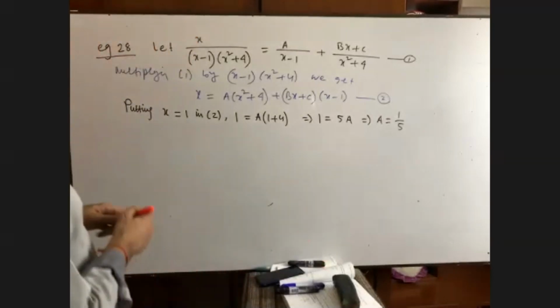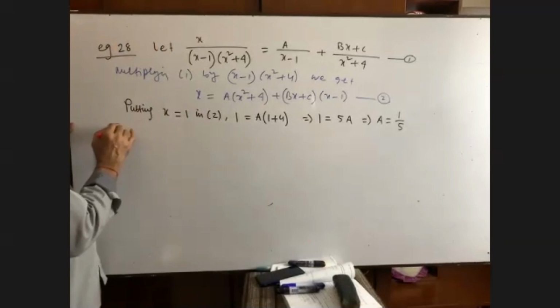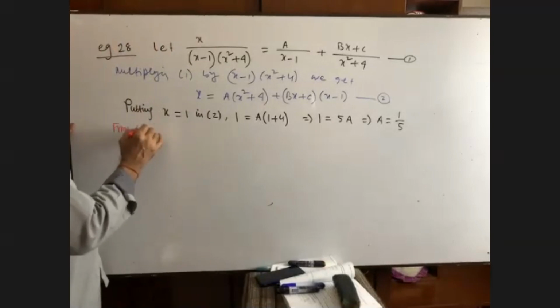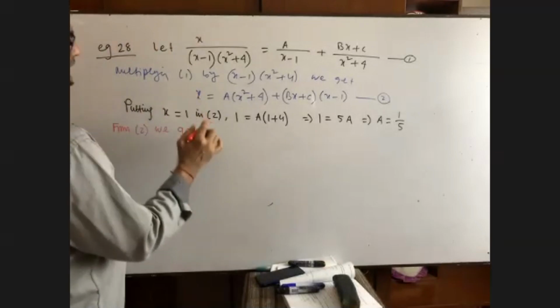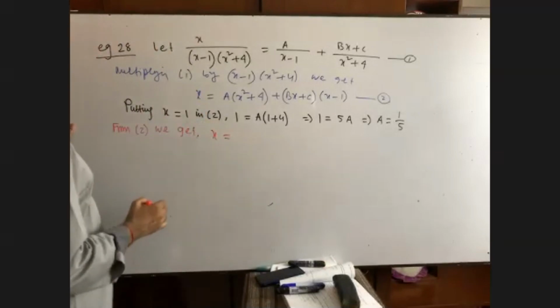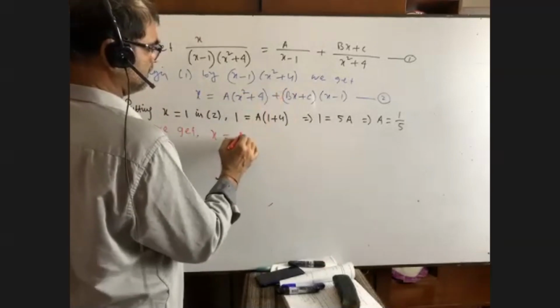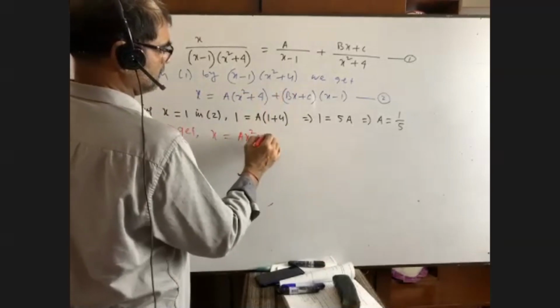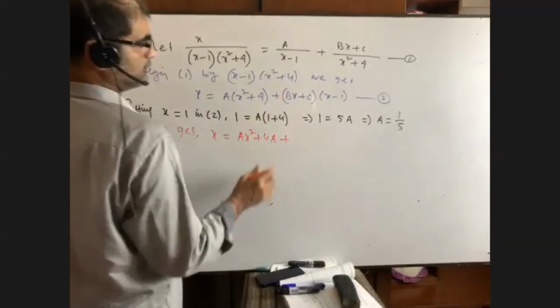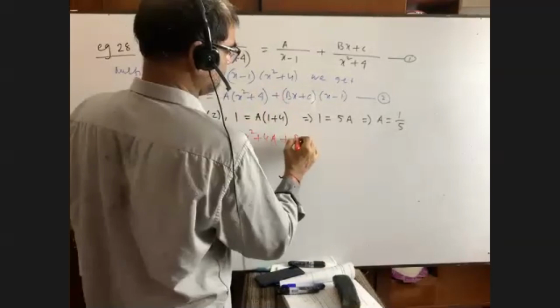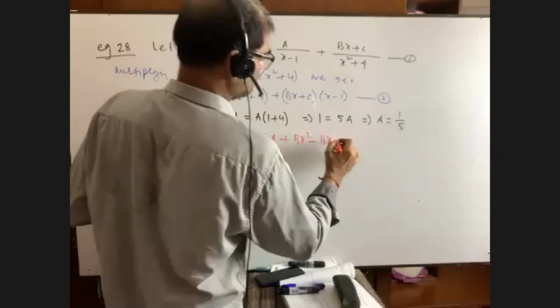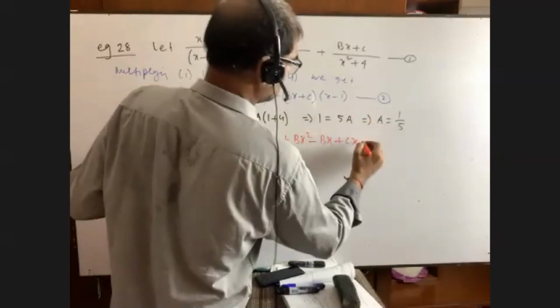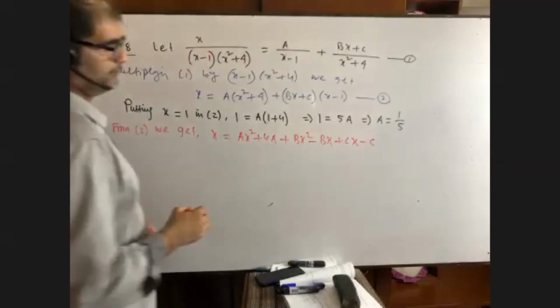We should write down from 2 we get: x equals Ax² + 4A + bx² - bx + cx - c, multiplying it out.